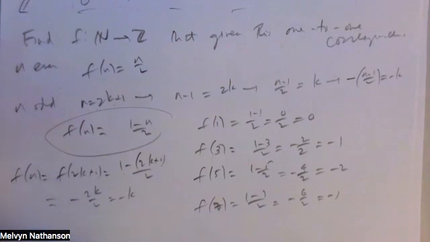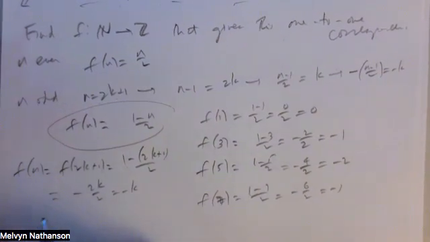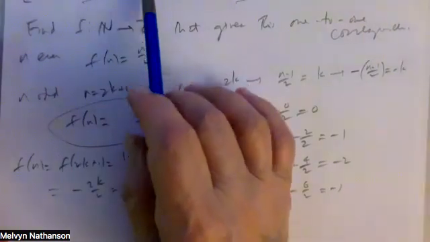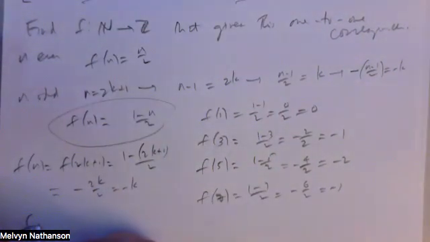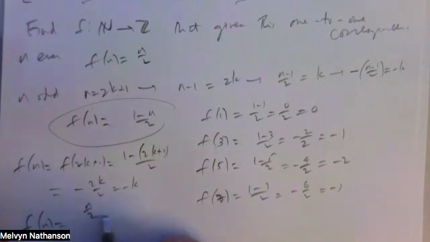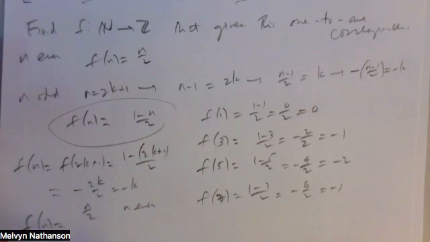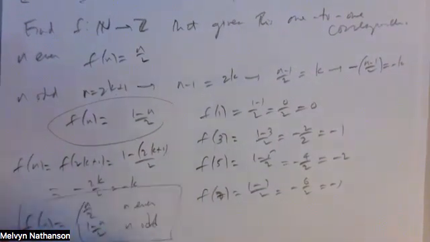So I could justify my function like this. Here's a one-to-one correspondence between these two sets. f of n is equal to n over 2 if n is even, and 1 minus n over 2 if n is odd. And there's a one-to-one correspondence between these two sets.